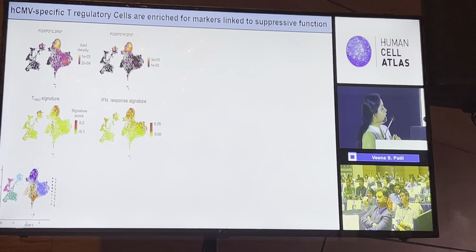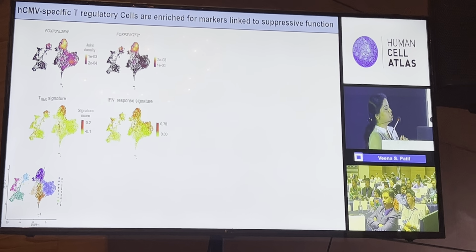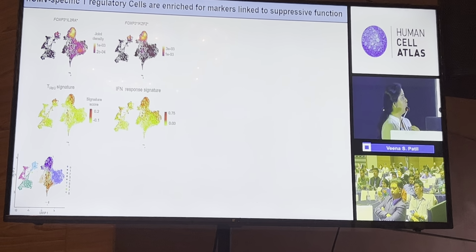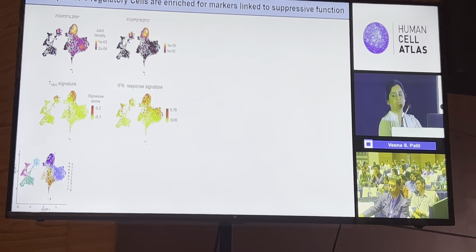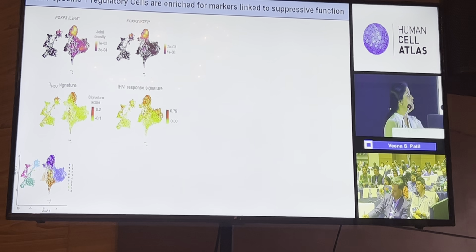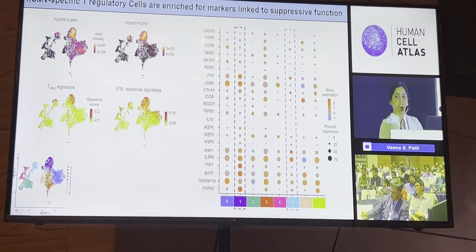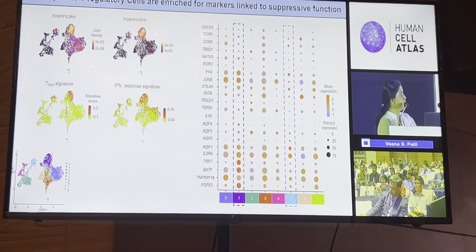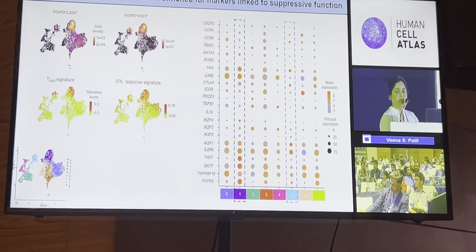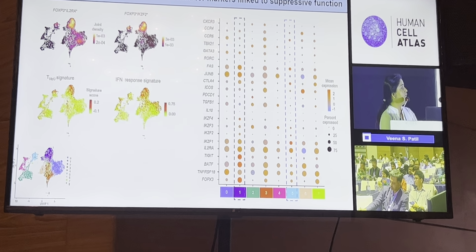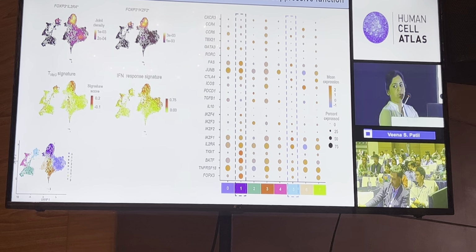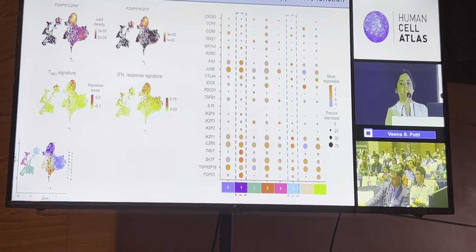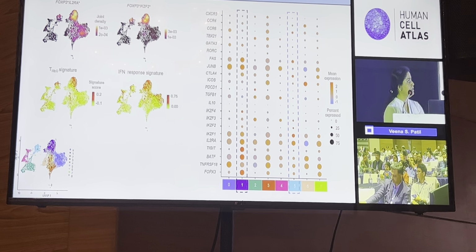And they actually had an entire signature of Tregs enriched in those clusters, and that had an overlap with the interferon response signature. So the next question is, are these Tregs suppressive in nature? Many of the molecules that are linked to their suppressive function were actually enriched in this cluster. However, they did not really make suppressive cytokines such as TGF-beta and IL-10.